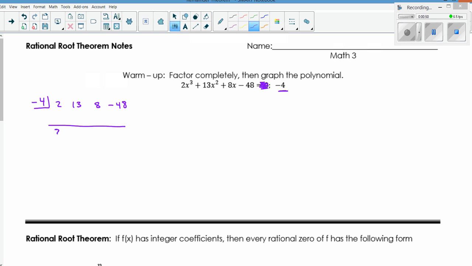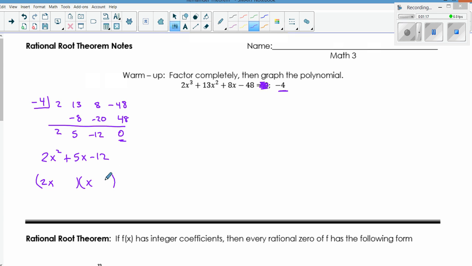All right, bring down your 2, multiply, add, multiply, and so I get left with the function 2x squared plus 5x minus 12. Alright, it's a trinomial, so I should be able to factor.